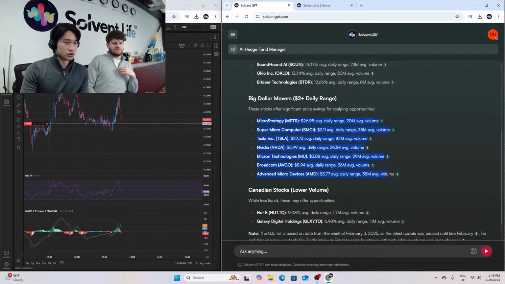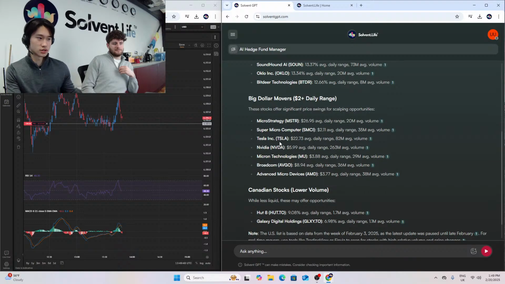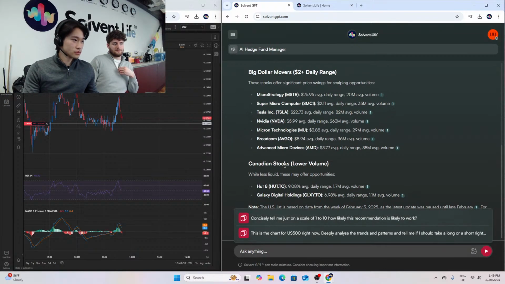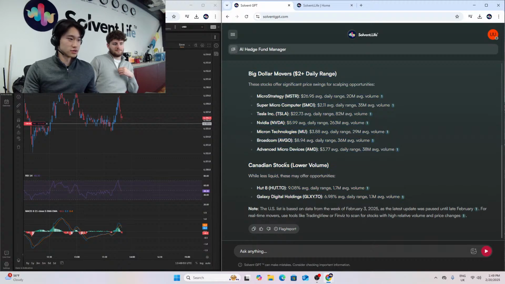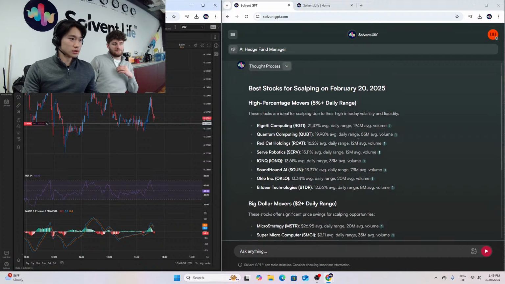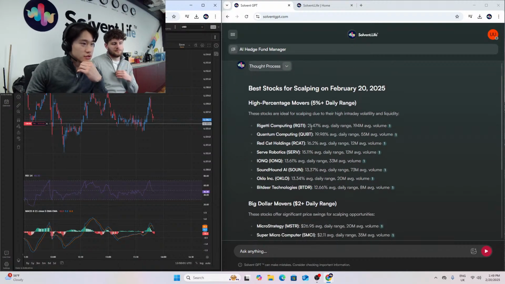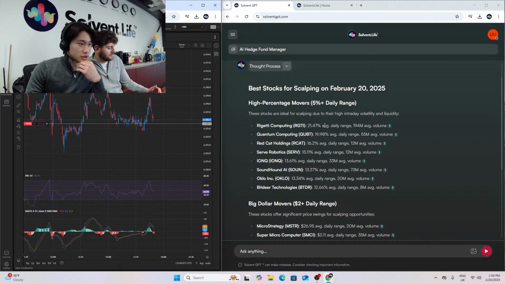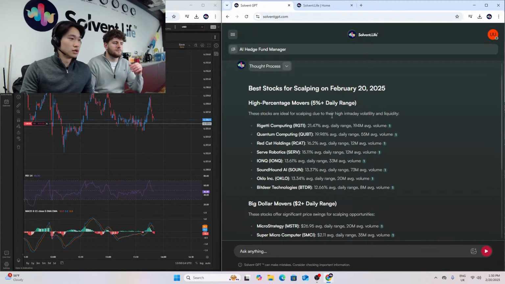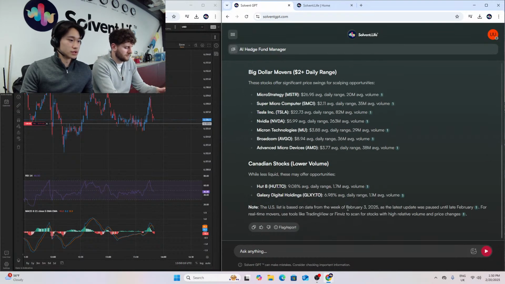These are all the biggest stocks in the Nasdaq here, and we got some Canadian stocks here as well. Let's see, got 21% average daily range. There's a lot of volume here with Rigetti and a high percentage of average daily range. So let's go deeper into this one.